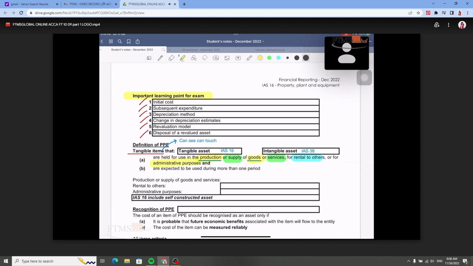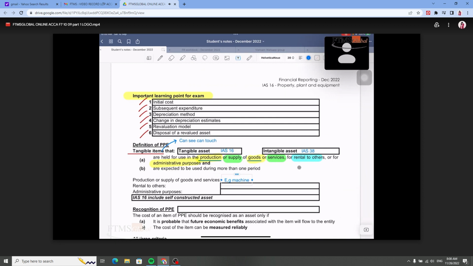The first one is very clear cut. If I have a machine, obviously I will use the machine to produce goods. So an example of PPE will be a machine. If I use the machine to produce goods, then it falls under the definition of PPE, and I will apply IAS 16.